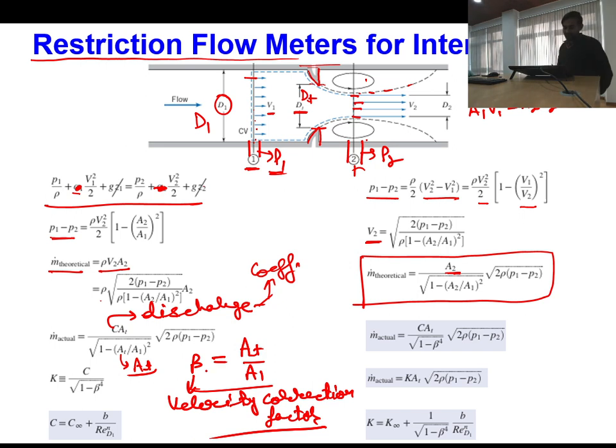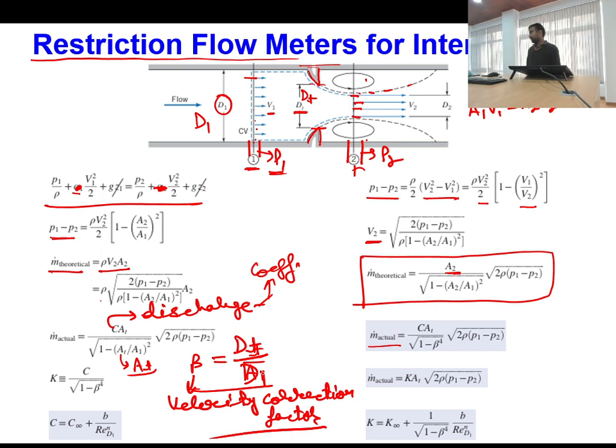Sorry, not AT by A1, I will define beta as DT by D1, the diameter of the throat divided by the diameter of the pipe.